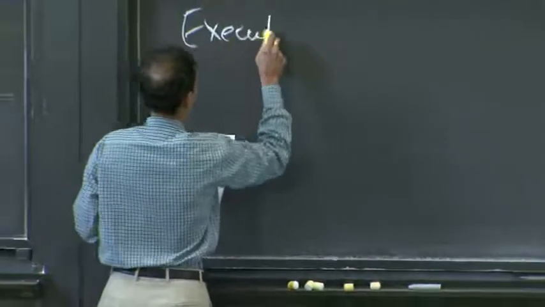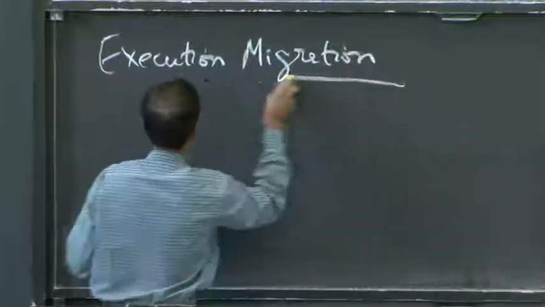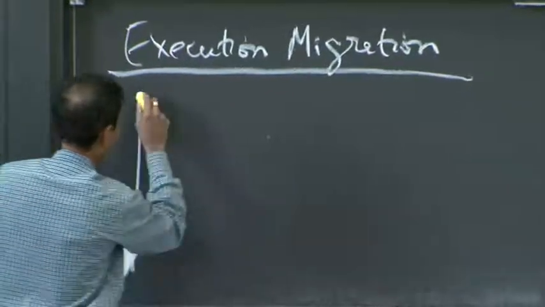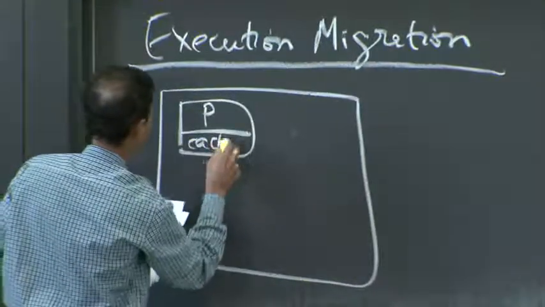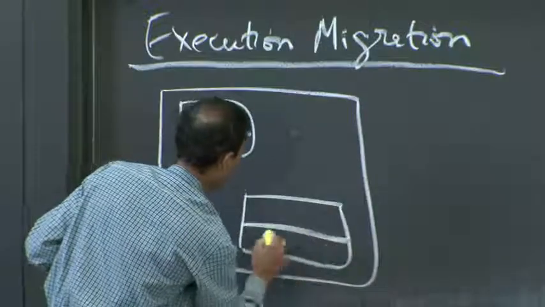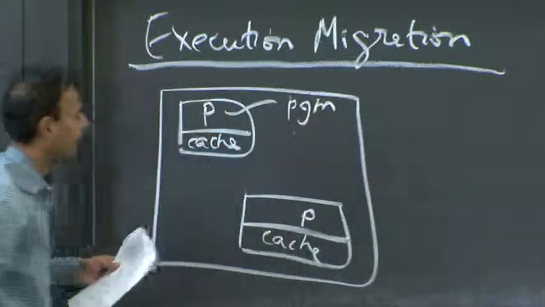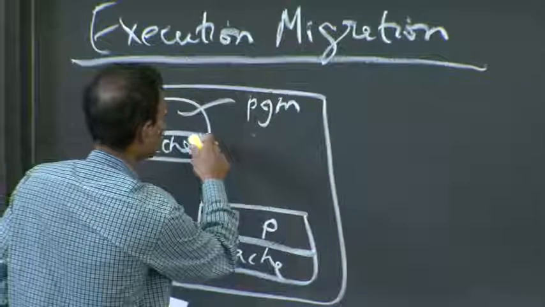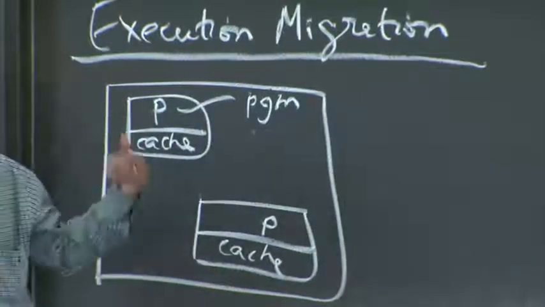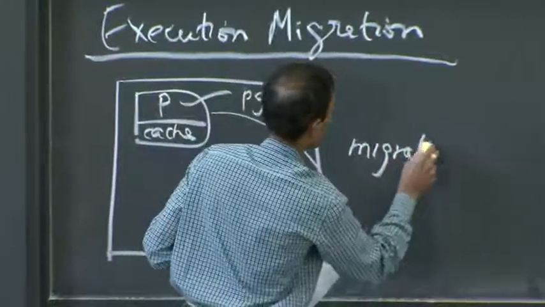One of the things that my research group is doing is looking at the notion of migrating computation as opposed to data. We call it execution migration, where suppose I have a processor running a particular program out here, and if this program wanted to access a remote memory, then rather than doing what I just showed you there, send a message, get the data back, you can imagine that you could migrate the program itself.